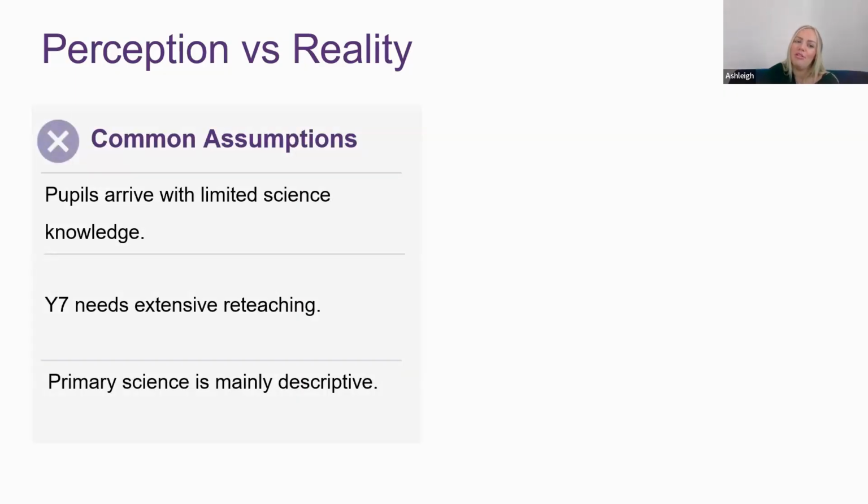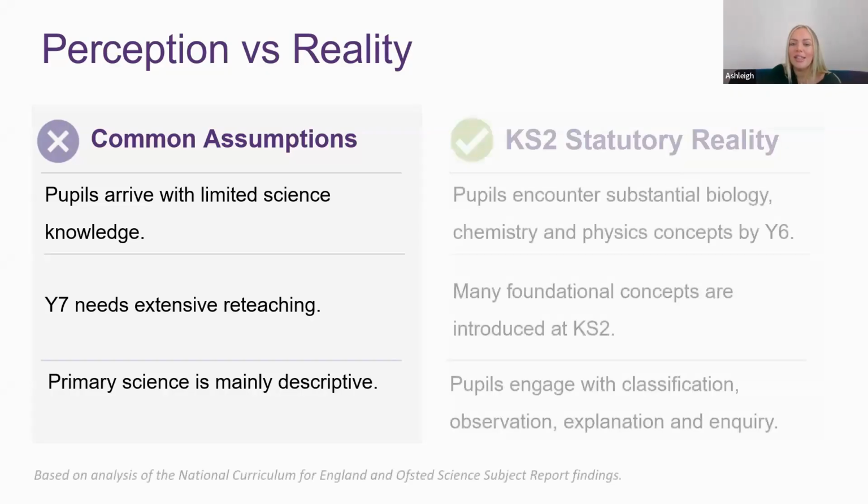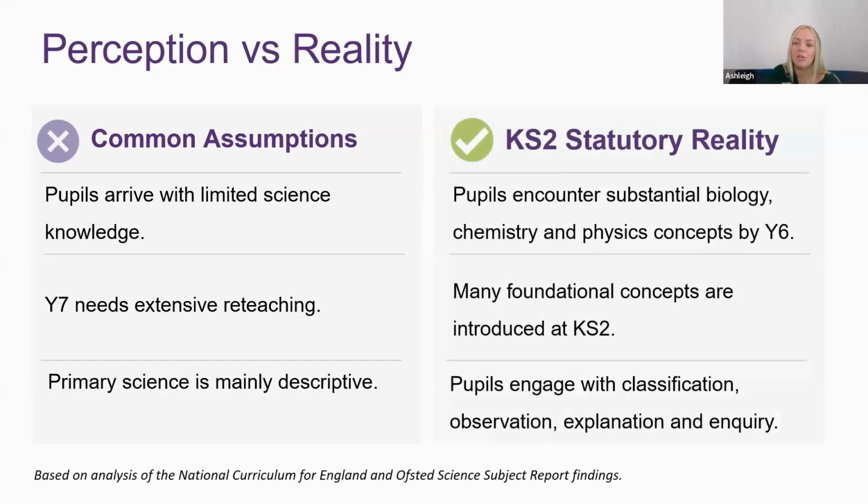So we have pupils arrive with limited science knowledge. Year 7 needs extensive reteaching, and primary science is mainly descriptive. What I can tell you from the Key Stage 2 national curriculum, and what I have seen since working closely with Key Stage 2 science leads, is actually pupils do encounter biology, chemistry, and physics, the foundations of it, substantially before Year 6.